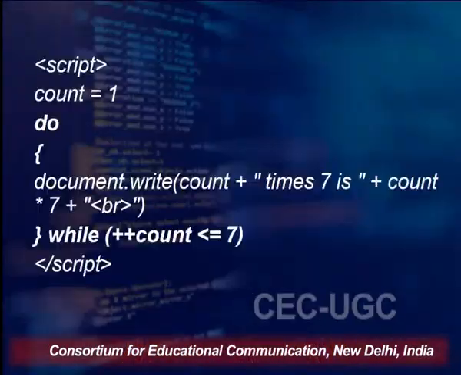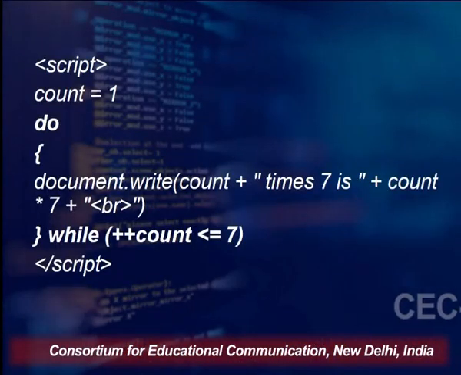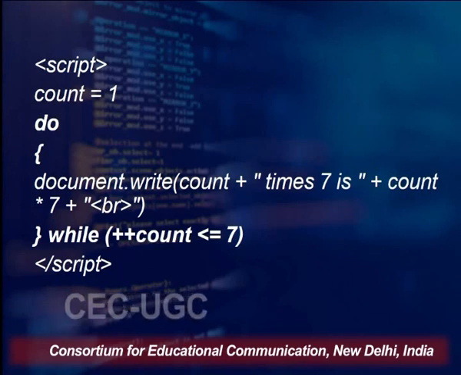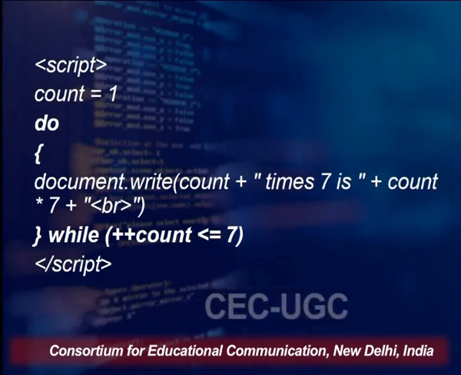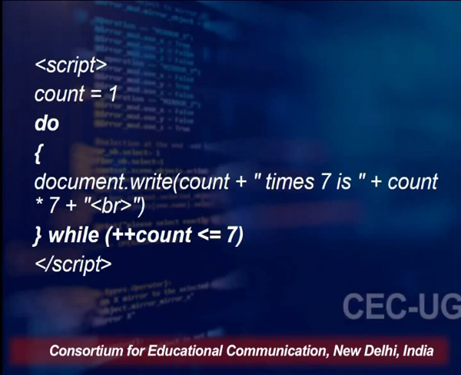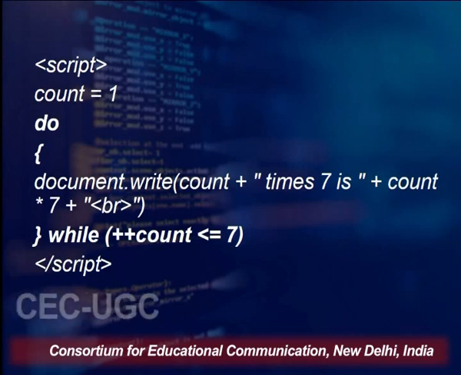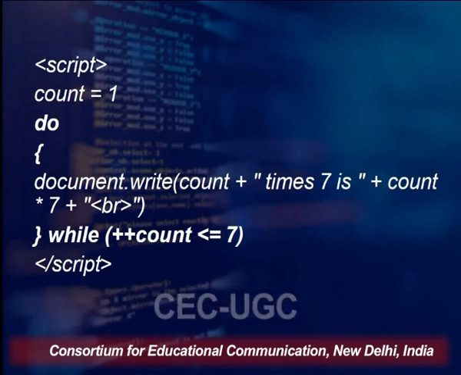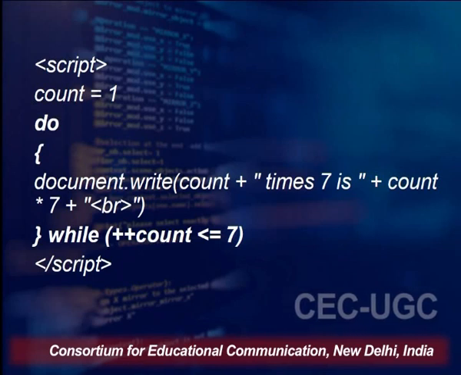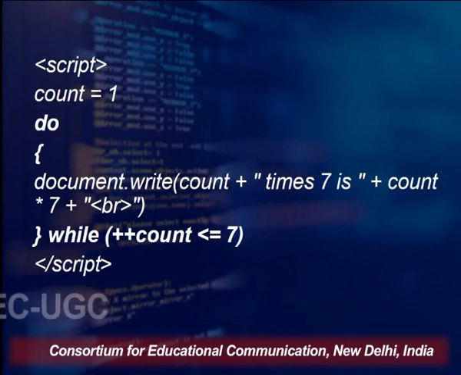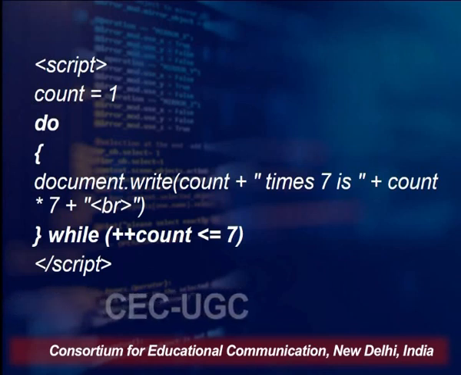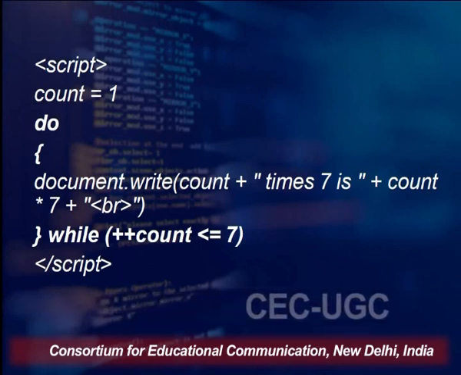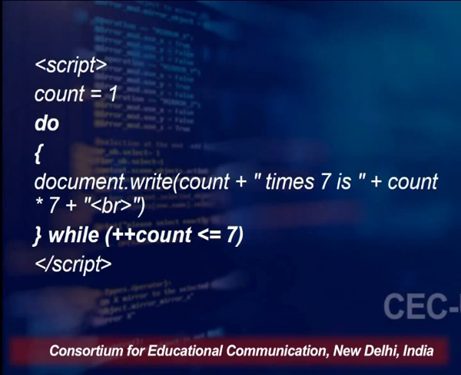If we look at this example, it's a similar example. We are initializing a count variable, so we say count is equal to 1, and then we give a block of statements to be executed in the do statement, where we want to find the multiplication table of 7. After the do block, we give the condition in the while part.